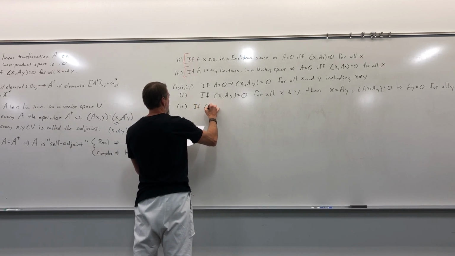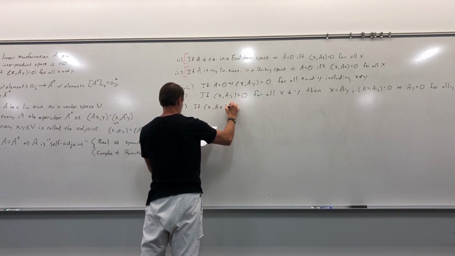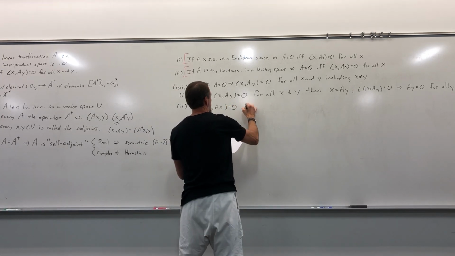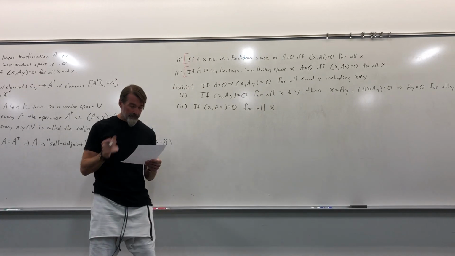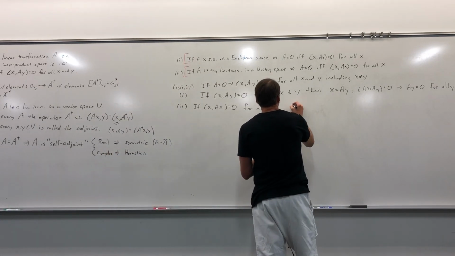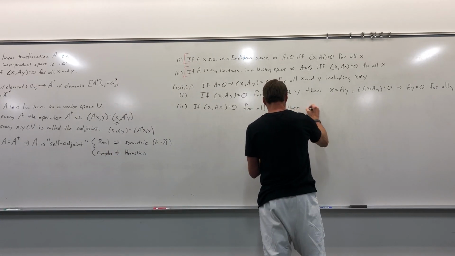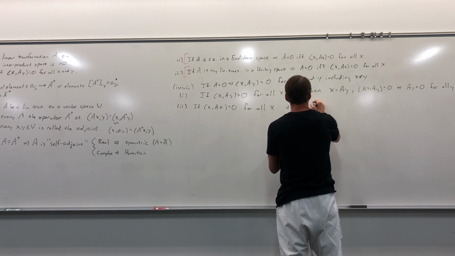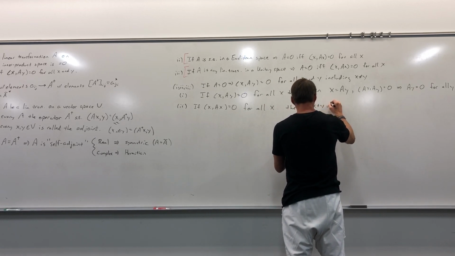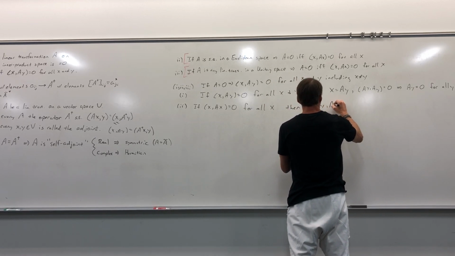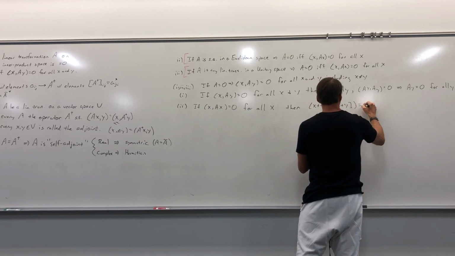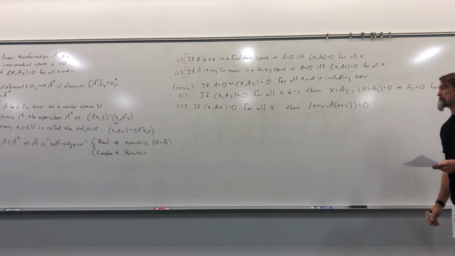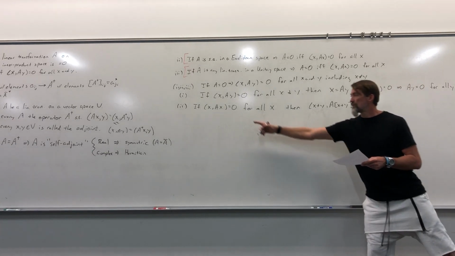If xAx equals 0 for all x, then consider the following. x plus y, A acting on x plus y, equals 0. That's just a reflection of that.